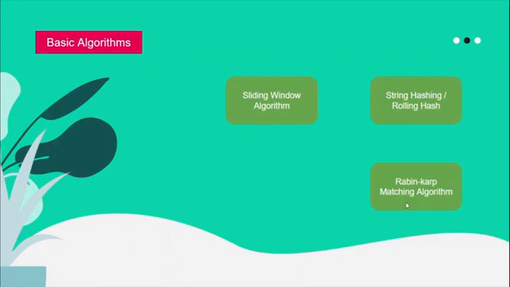And for these 2 algorithms, string hashing, because we are going to learn rolling hashes, and Rabin-Karp, which will be implementing rolling hashes, the prerequisite is modular arithmetic, because for calculating rolling hashes we need knowledge of modular inverse and modular arithmetic. In my number theory playlist, you can go and check out those topics: modular inverse and modular arithmetic.